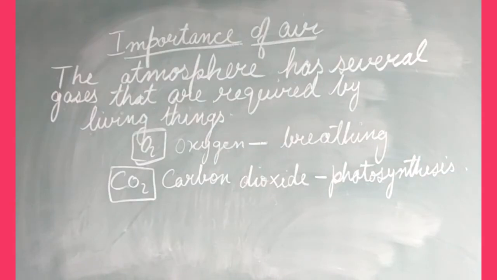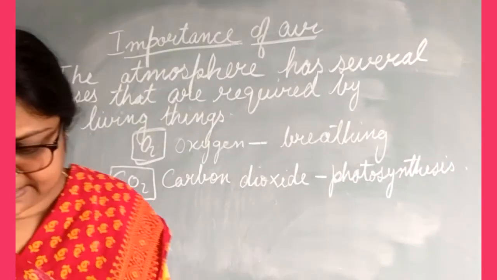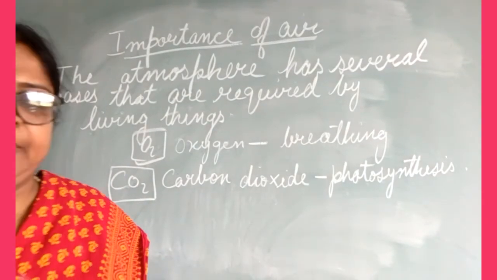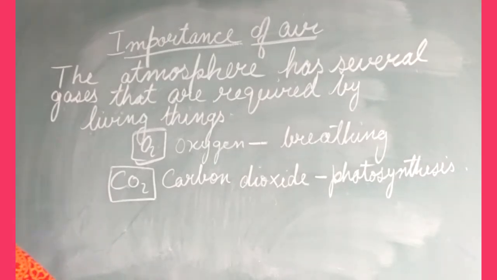Neon gas is used to glow signs. And argon is also one type of gas, and it is filled in the electrical bulb.